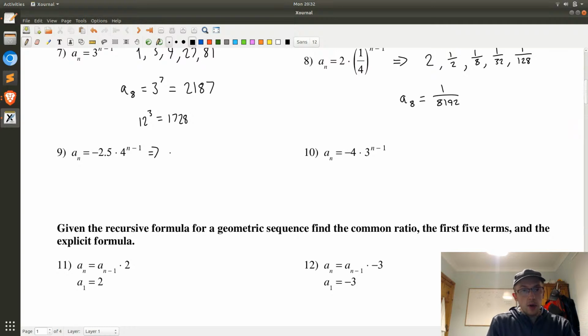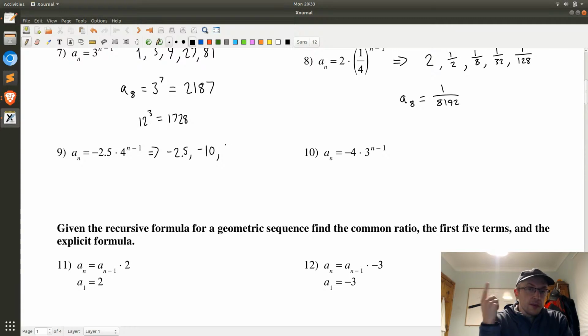Here, term number 1 is -2.5. Great. Term number 2 is -2.5 times 4, which is -10. Term number 3 is -2.5 times 16, which is, wait, what am I doing?